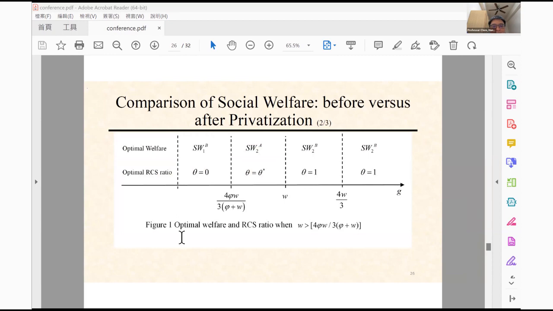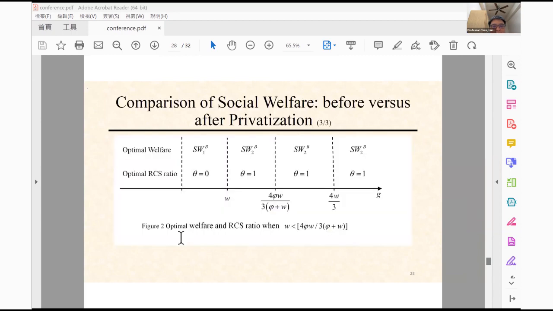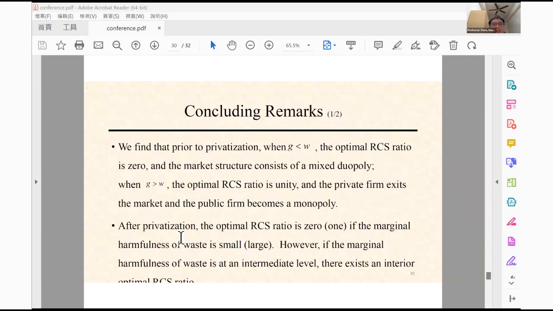Then here I will quickly go to the concluding remarks. In this paper, we find that before privatization, if G is low, the optimal RCS ratio is 0, and the market structure consists of a mixed duopoly. When G is high, the optimal RCS ratio is 1, and the private firm exits the market, and the public firm becomes a monopoly.